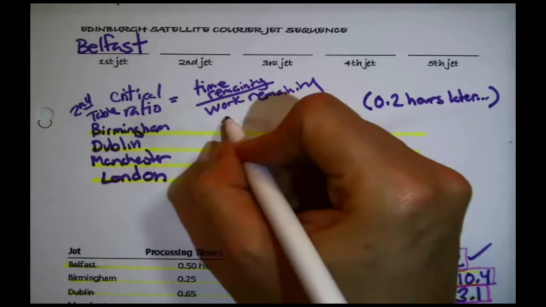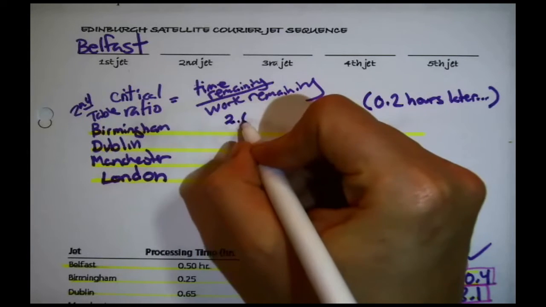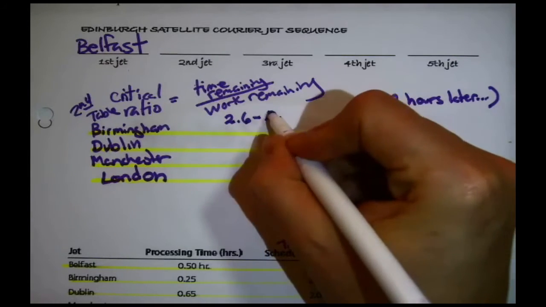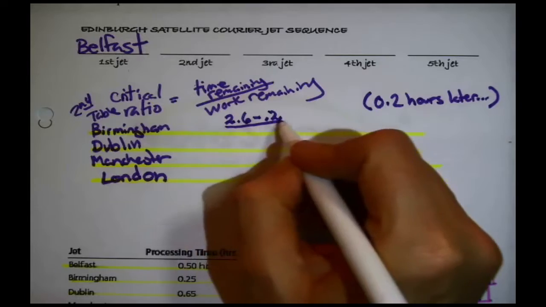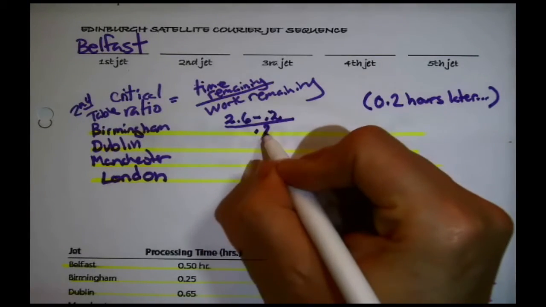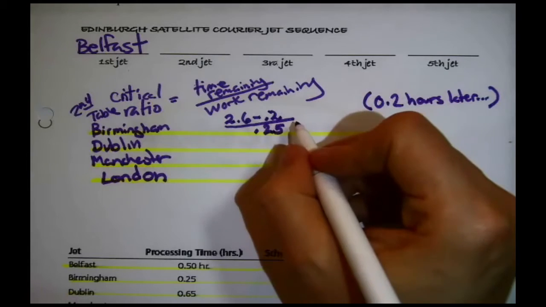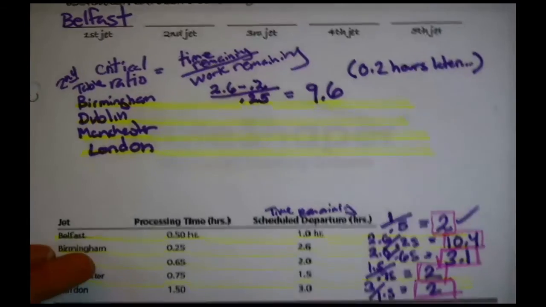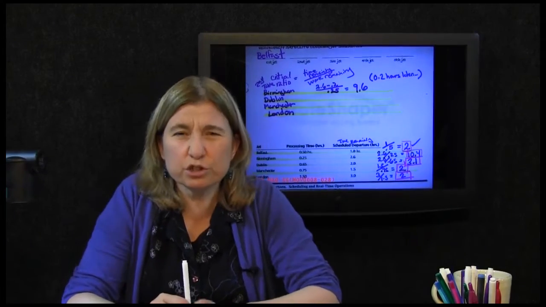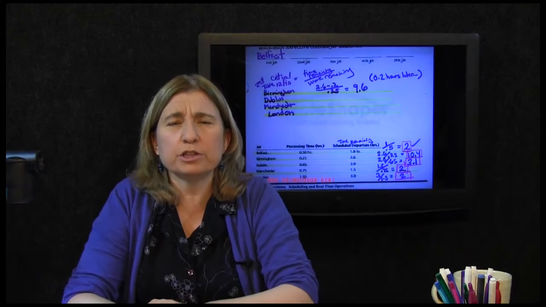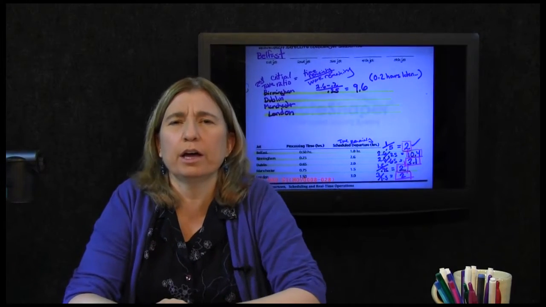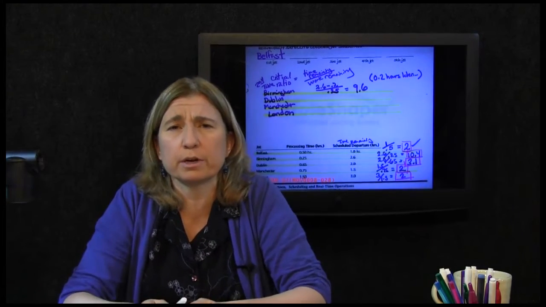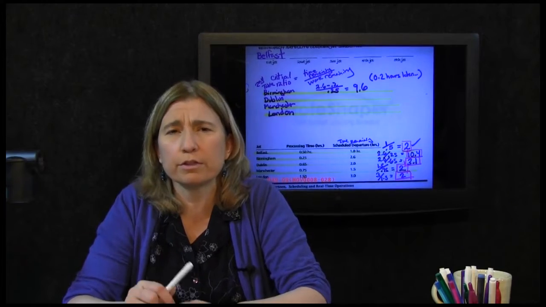So the numerator in the critical ratio for Birmingham is now 2.6 hours, the original numerator, minus the 0.2 hours later. That divided by the same old processing time is the new ratio. Okay? You say, what? I aged the rule. I updated the ratio by aging it ahead 0.2 hours, because that's the next time we would be looking at ratios and picking. Okay, now I just have to do it for the other 3 flights.